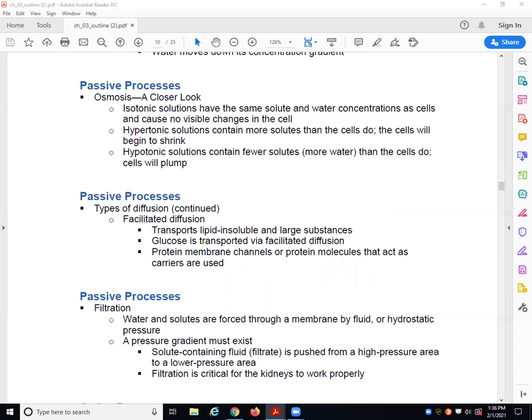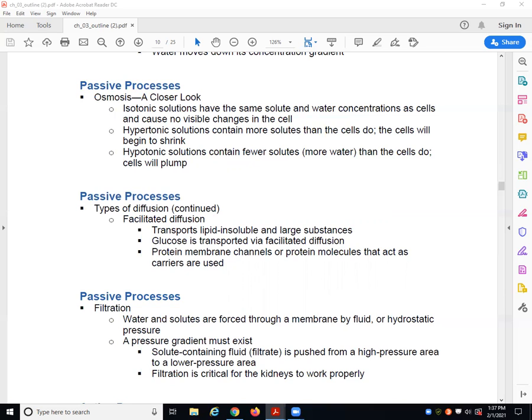Then you have hypertonic solutions, and hyper means more, like hyperactive is more active, or higher concentration. The hypertonic solutions have more solutes than the cells do. So the cells shrink, because if there's more solute in the solution, it means there's less water.